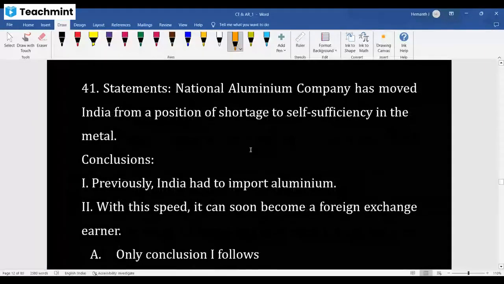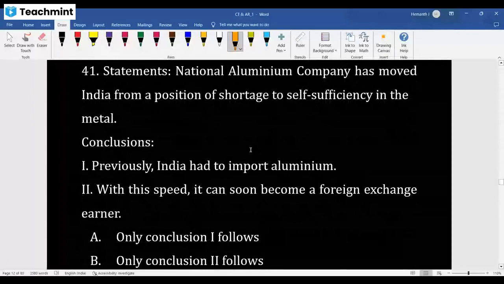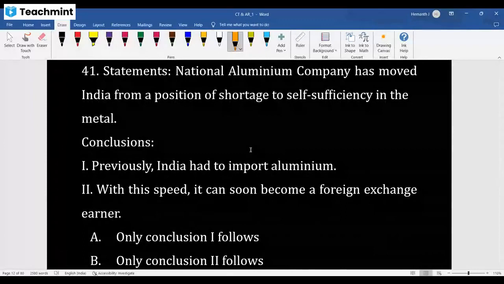Statements and conclusions. National Aluminum Company has moved India from a position of shortage to self-sufficiency in the metal. So previously we had a shortage of aluminum, and now we are self-sufficient.